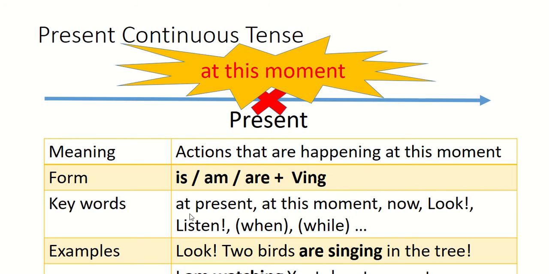The keywords will be at present, which means now actually, at this moment. They are the same. And then look, listen. These are the words that imply sudden action. And later on, when you use the words when and while, we will use the ing form, continuous tense, I mean.